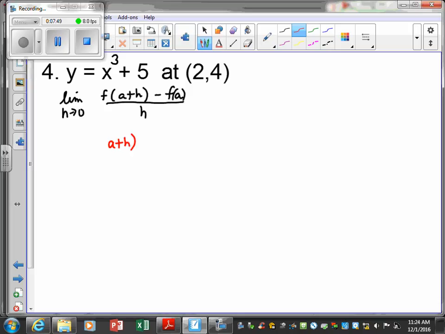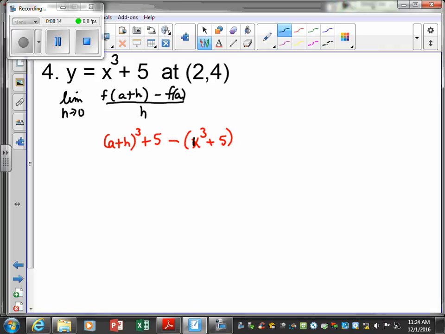A plus h cubed plus 5. Okay, so that would be for this particular one. And then I'm going to subtract out f of a. So this is my original f of a, because this y is the same thing as f of x. So that would just be minus the original function.